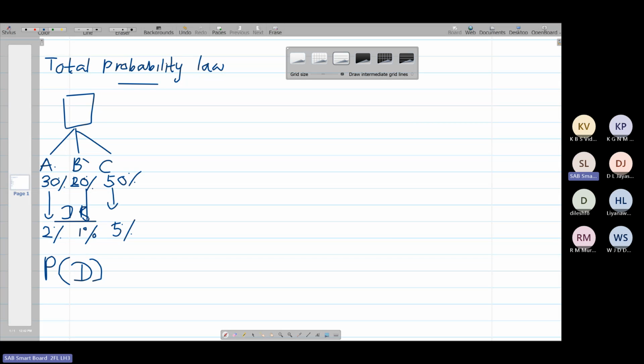Then we check there is no intersection, because one product is produced by one machine. One product does not use two machines for production. It's clear? So these given three events are collectively exhaustive and mutually exclusive.